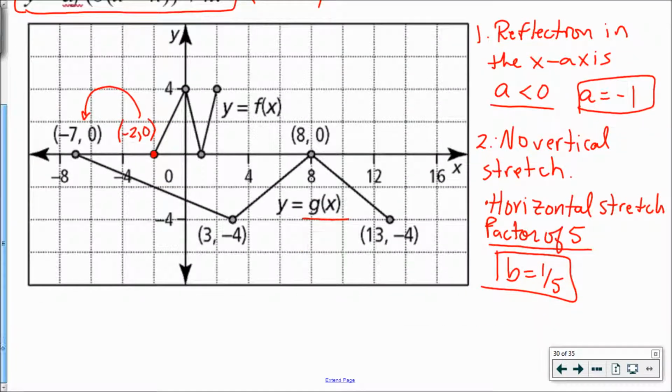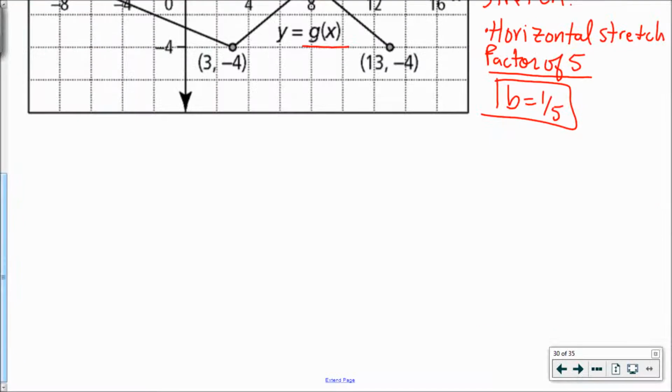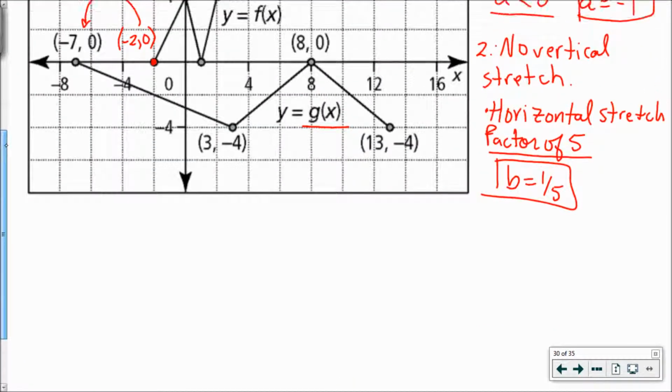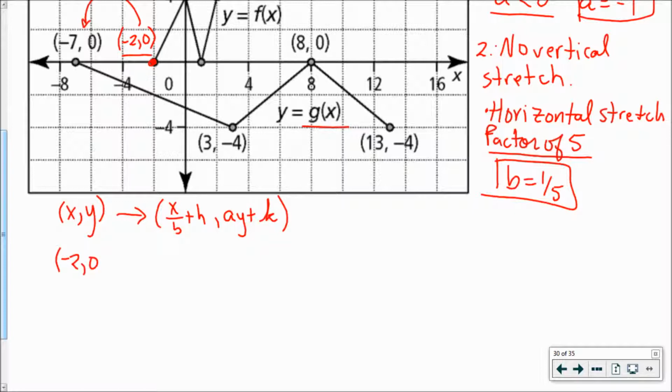So I'm going to use that to calculate h. Remember, in our mapping notation in general, (x, y) becomes (x over b plus h, ay plus k). So my original point is -2, 0, and it has become -7, 0.